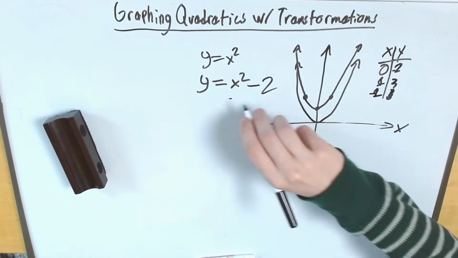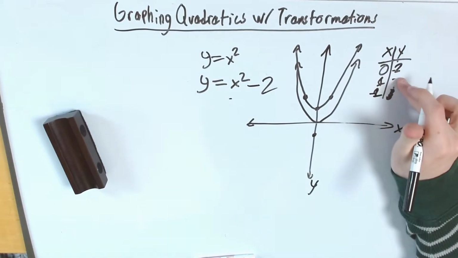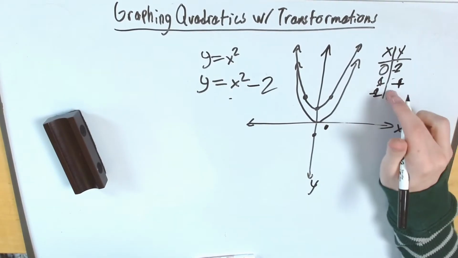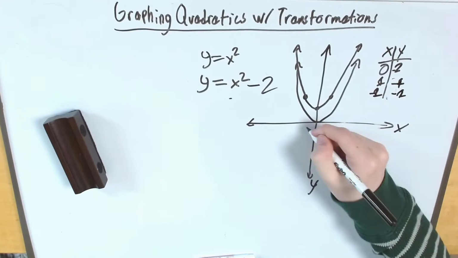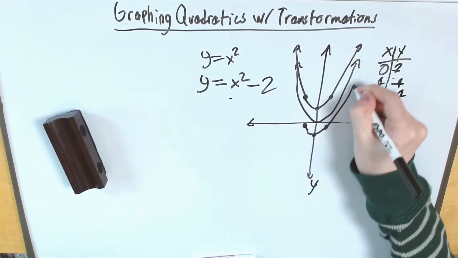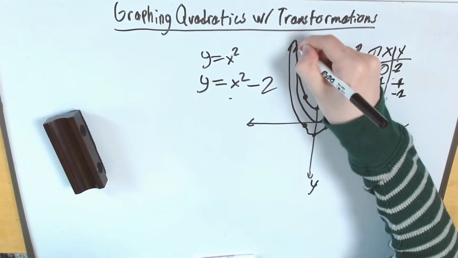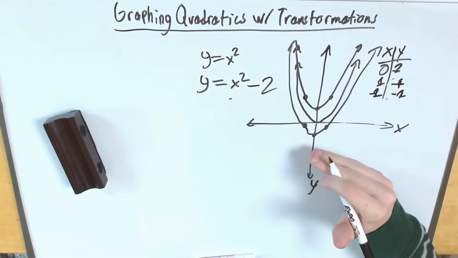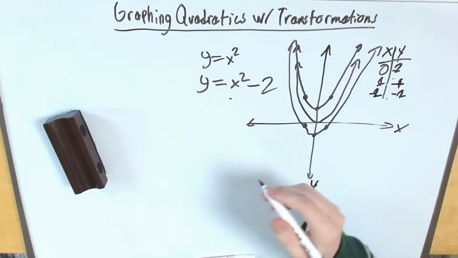I plug in 1, I get 1 minus 2, or negative 1. I plug in negative 1, and I also get negative 1. So we see, once again, that this is the same graph, just shifted down 2 units, right?